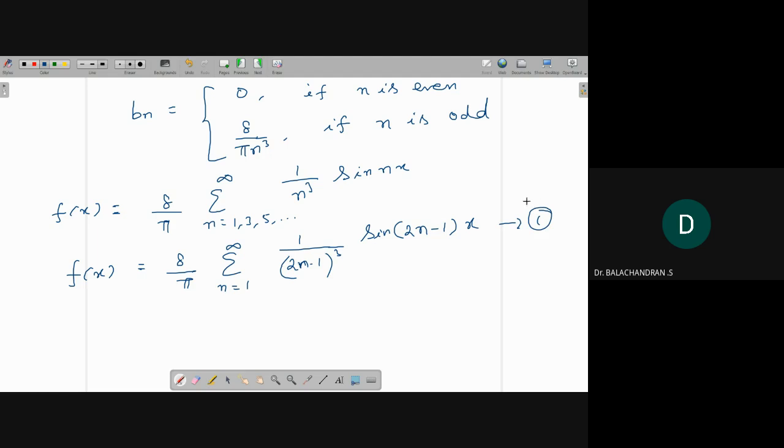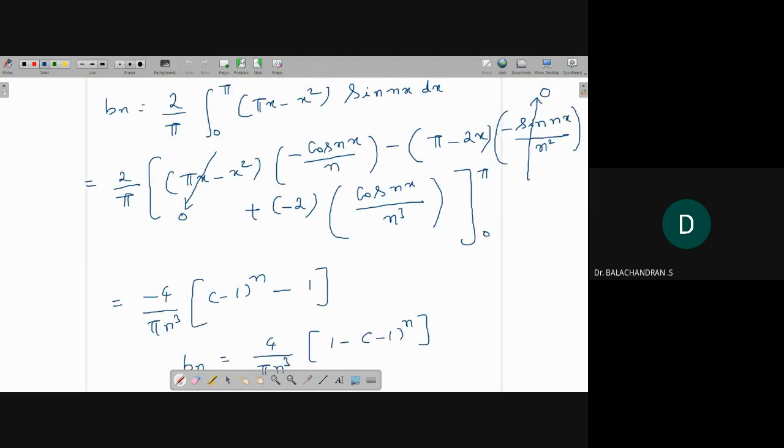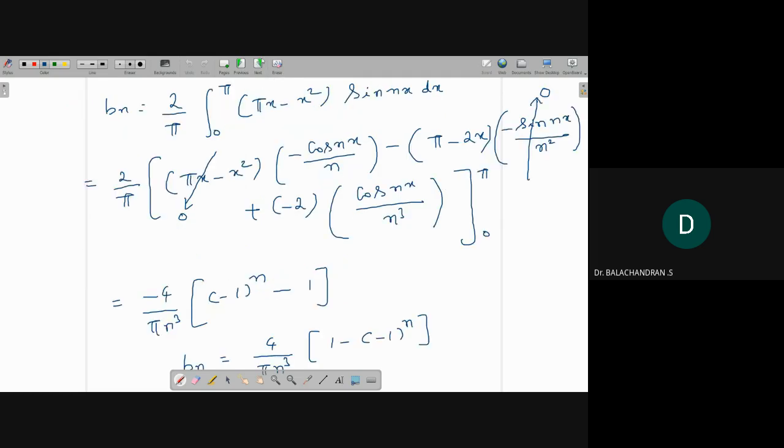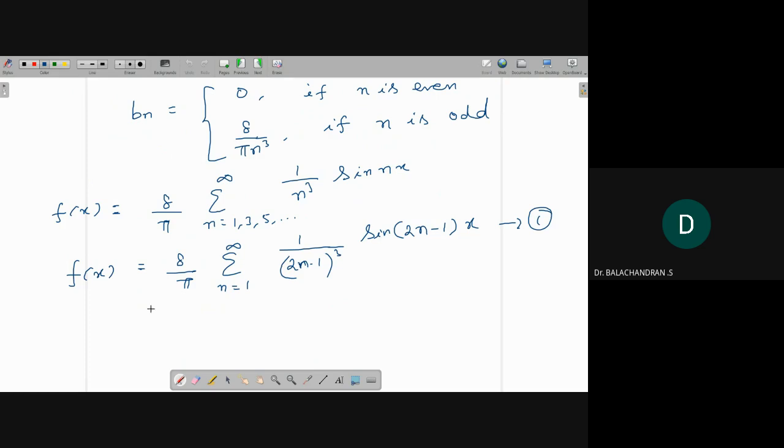So now we need to derive some results. There are two results. So we need to substitute x equal to what?